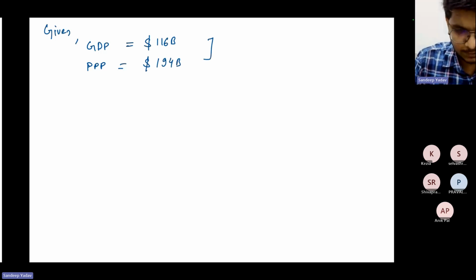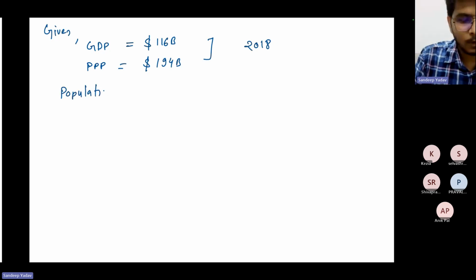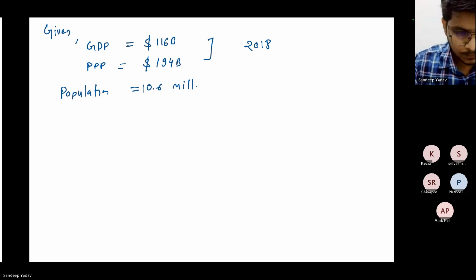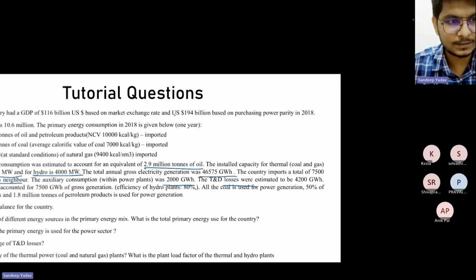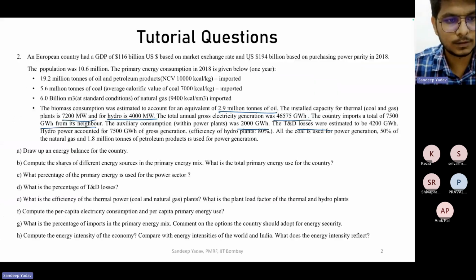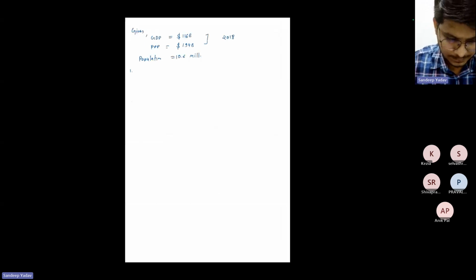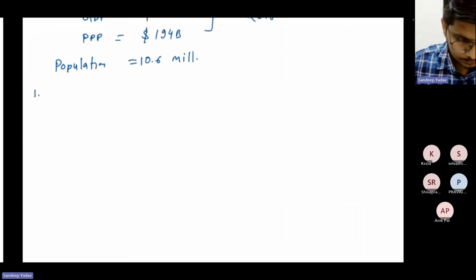Both of these are given in the 2018 context. Now the population is 10.6 million. The first thing that is asked is to draw an energy balance, and what percentage of the primary energy is used for the power sector. So let's try to solve the first part first.